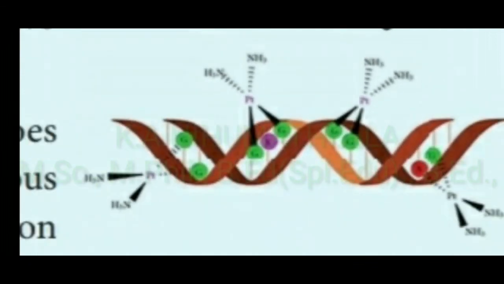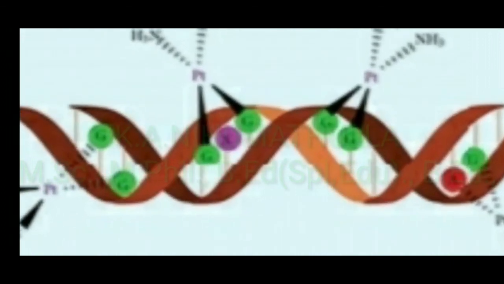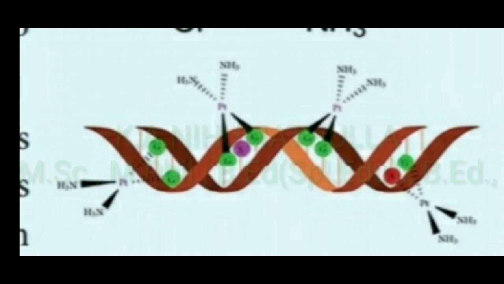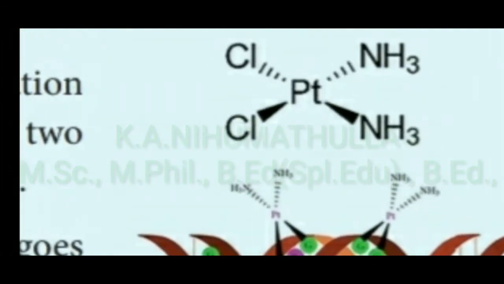It is used to destroy all the cancer cells. Not only in DNA, the cisplatin also cross-links with cellular proteins and inhibits mitosis. So, this is about cisplatin, which acts as an anti-cancer drug.